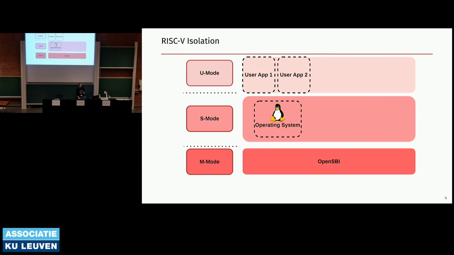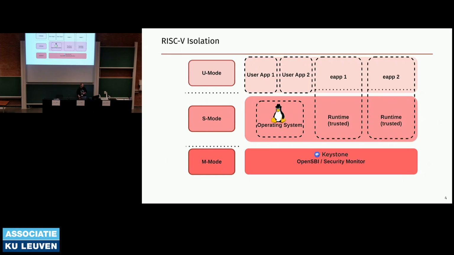And when we add enclaves, we may have Keystone, a framework that creates trusted execution environments. We have the enclave application running in user mode, and we also have a trusted interface that runs in S mode that also communicates with the security monitor, which is a plugin, an extension of OpenSBI.